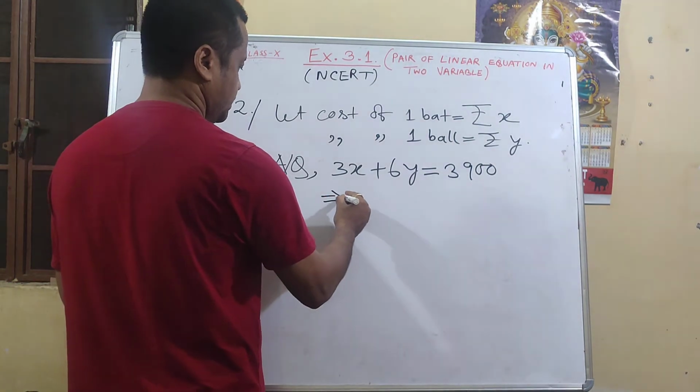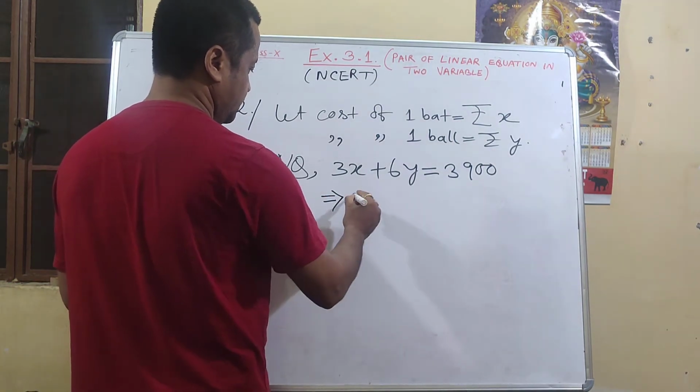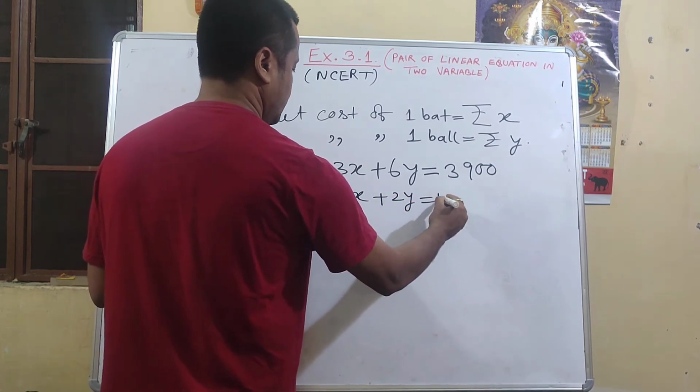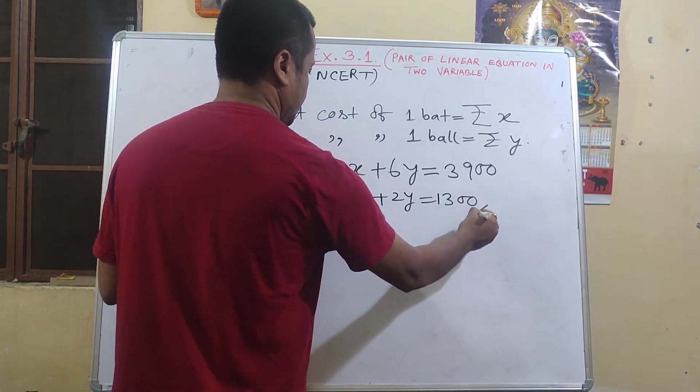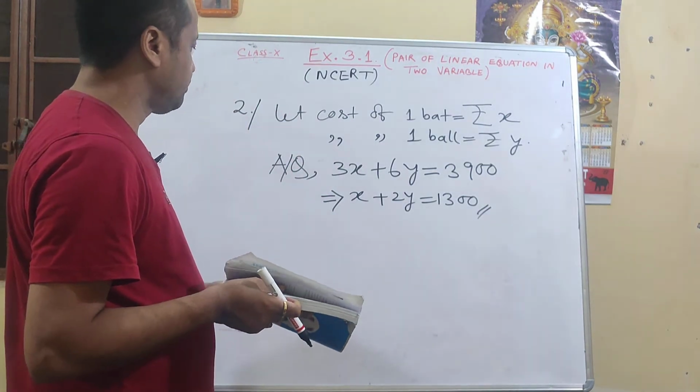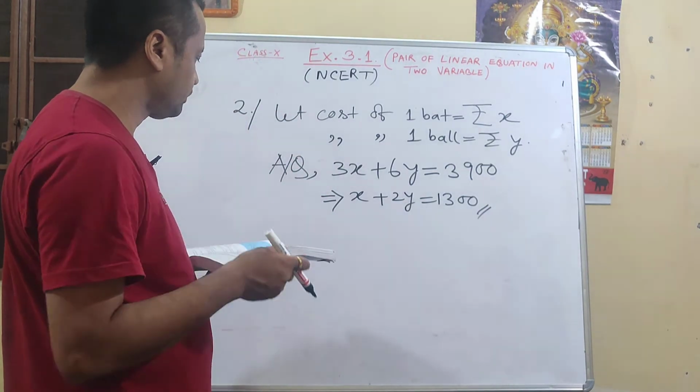Here 3 is common in all the 3 terms, so x plus 2y is equal to 1300. This is the first equation, for the first condition.